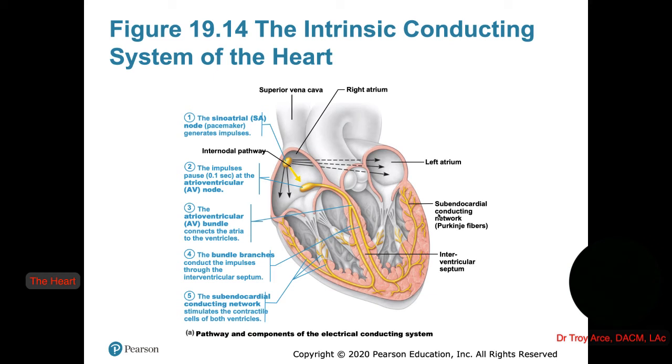So again, the sinoatrial node is its own pacemaker. Our body can conduct our own electricity, which is amazing, through the SA node, onto the AV node, into the atrioventricular bundle from left and right, and onto the bundle branches and the Purkinje fibers. Very interesting.